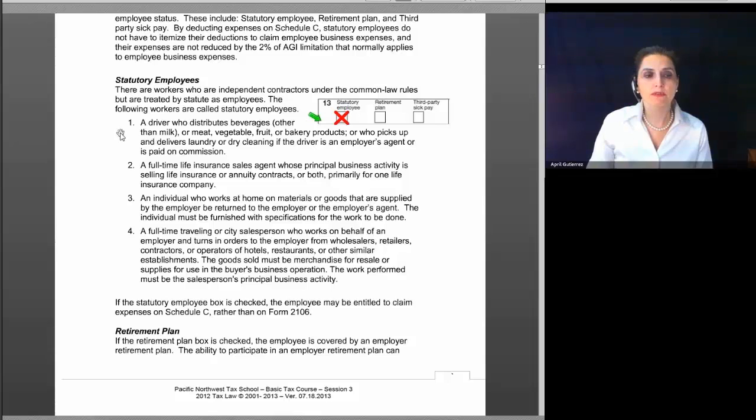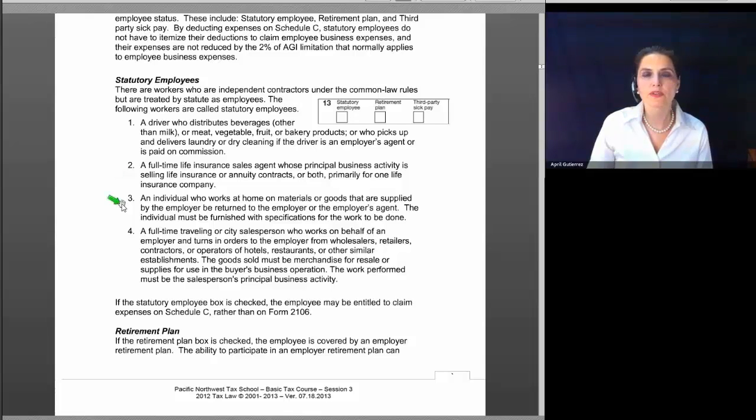The types of employees who could have that box checked include drivers who distribute beverages other than milk, or meat, vegetable, fruit, or bakery products, or who pick up and deliver laundry or dry cleaning, if the driver is an employer's agent or is paid on commission. Also, full-time life insurance sales agents whose principal business activity is selling life insurance or annuity contracts or both, primarily for a single insurance company.